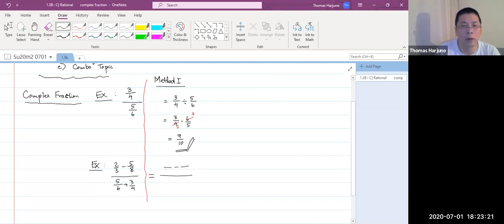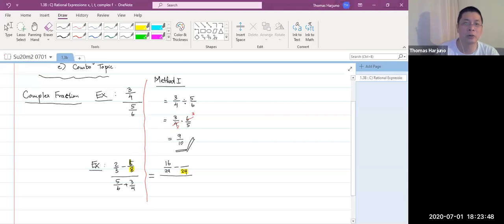On the numerator, I have LCD 24. 3 times 8 gives me 24, so 2 times 8 gives me 16. And then 8 times what gives me 24?